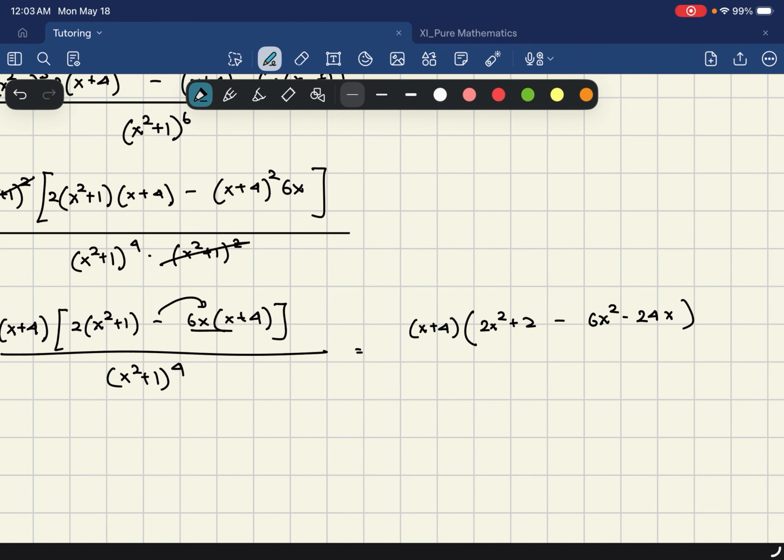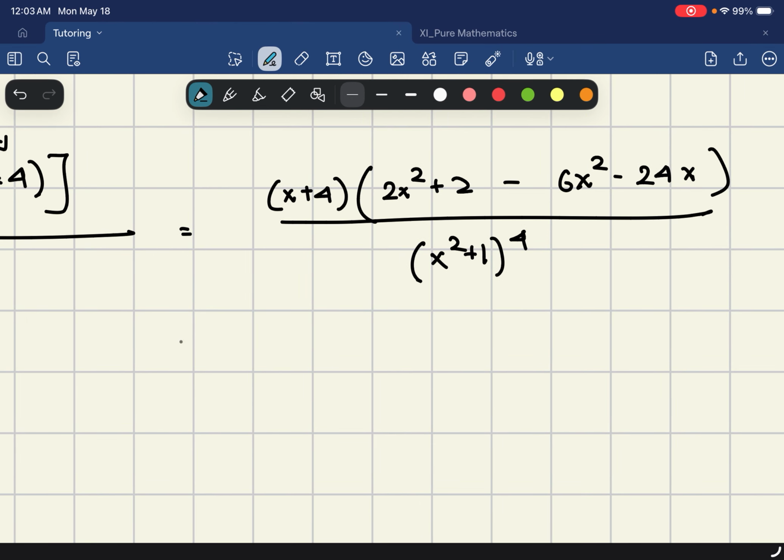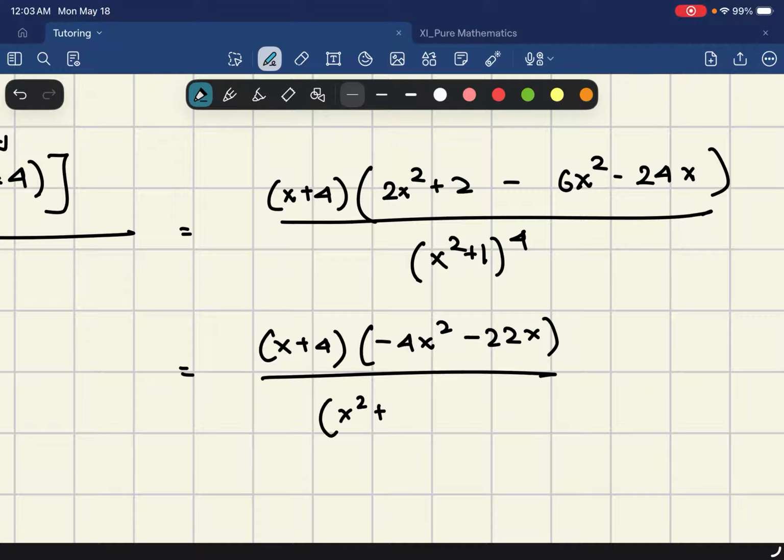And you have to distribute this negative sign as well. So finally, you have (x plus 4), 2x squared minus 6x squared, that is minus 4x squared, 2 minus 24x is minus 22x, over (x squared plus 1) to the power 4.